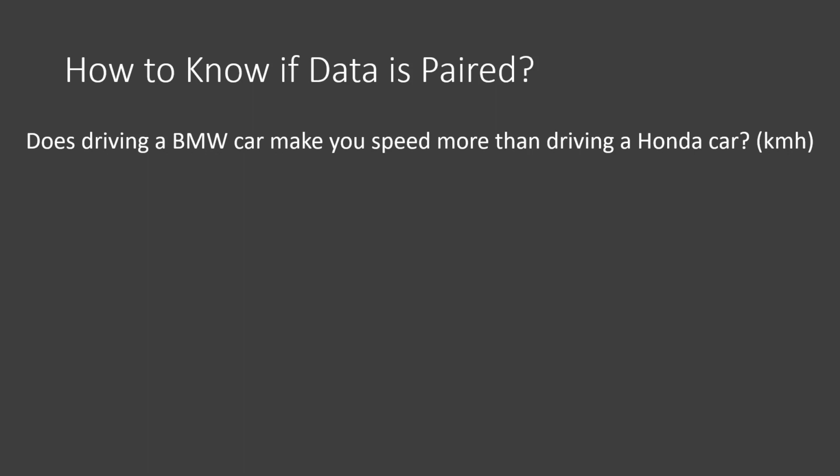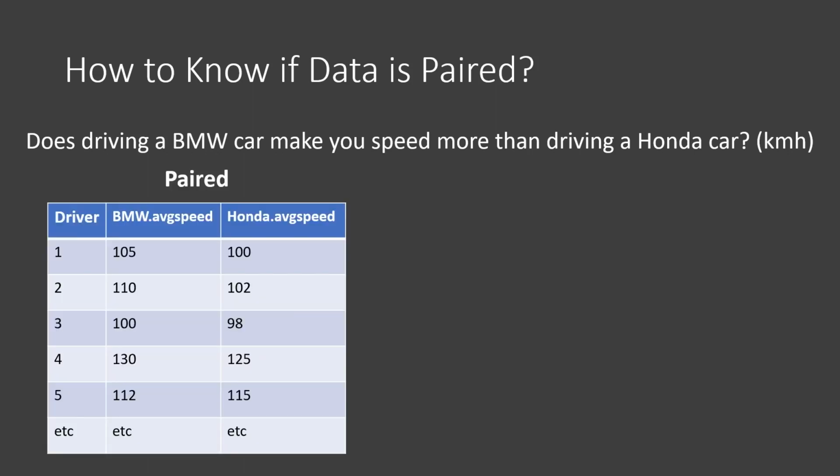All right. So what a paired question would look like, it'll basically have data that looks like this, right? So for the BMW group and the Honda group, the drivers in this case are the same, all right? And so that's what a paired question is essentially, if the two groups of data use the same people or the same subjects in each group, all right?